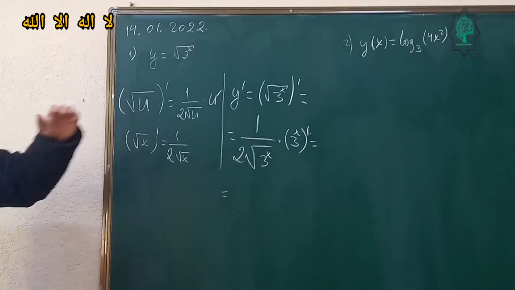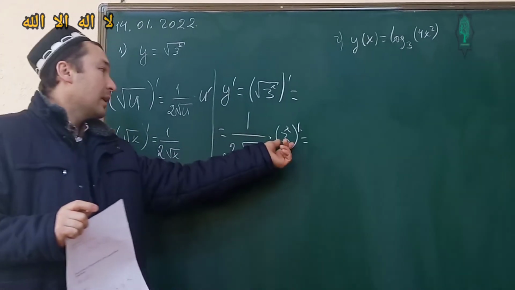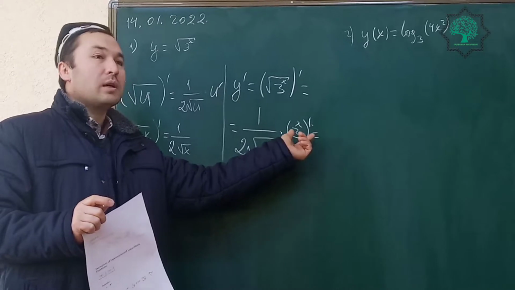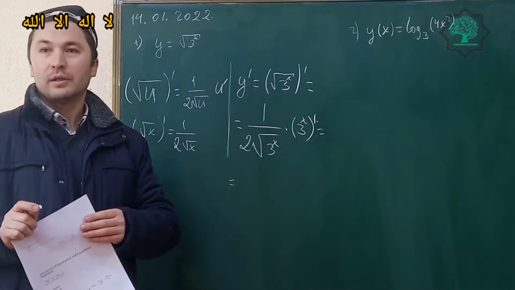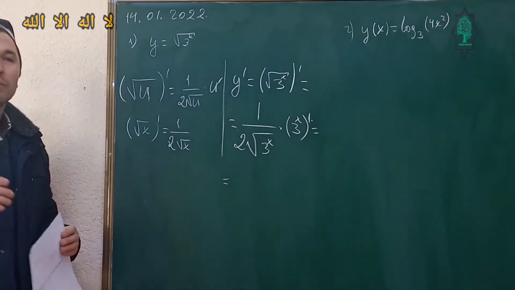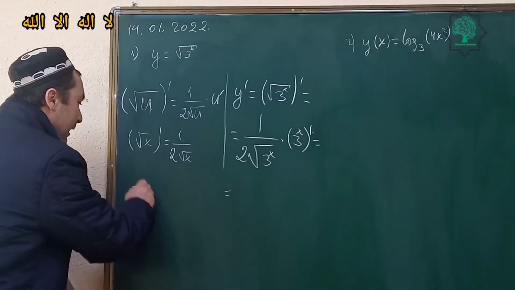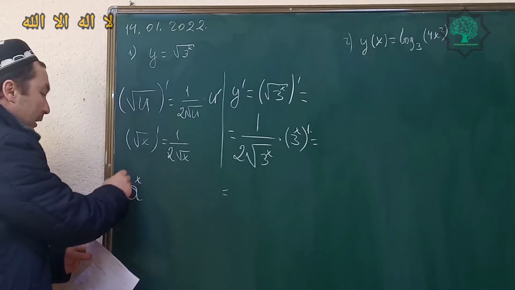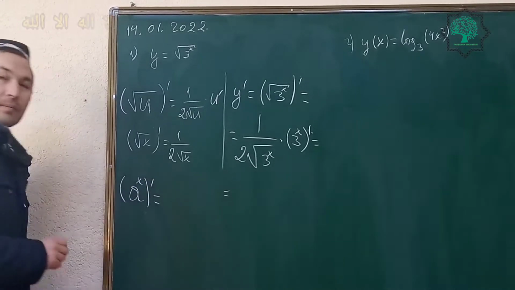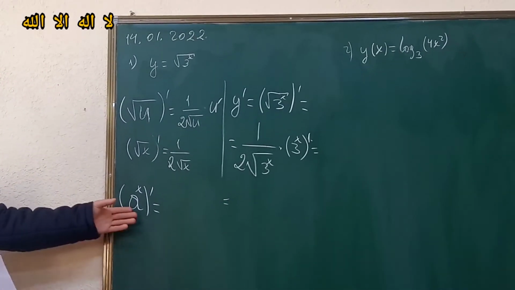Now let's think. What was this function's derivative? Do you remember? Which formula do we use? a to the power x. Exponential. What was this formula for a to the x?